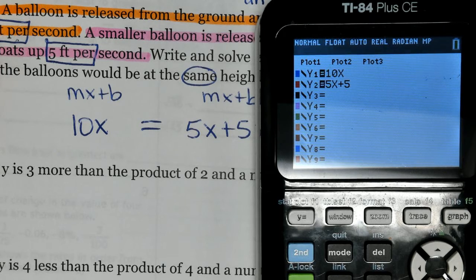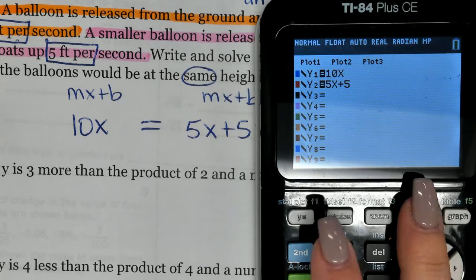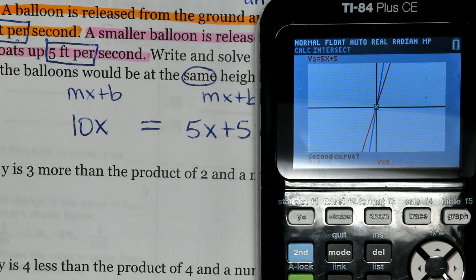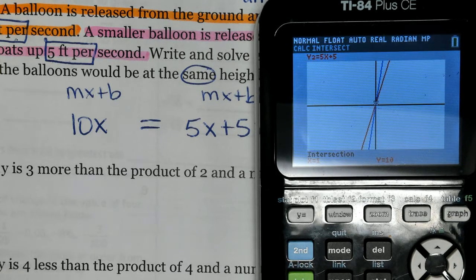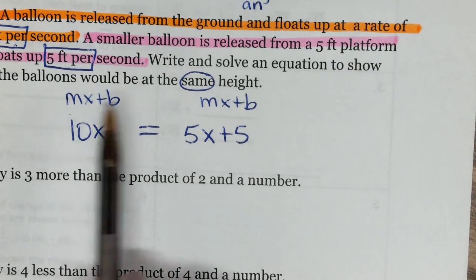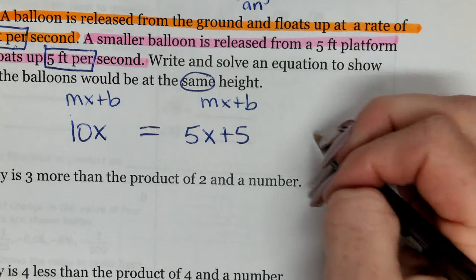Okay, for y1, you're going to put in 10x. For y2, you're going to put in 5x plus 5. Now what do I hit? No. Second trace, option 5, enter, enter, enter. What's my answer? So at what time would they be at the same height?